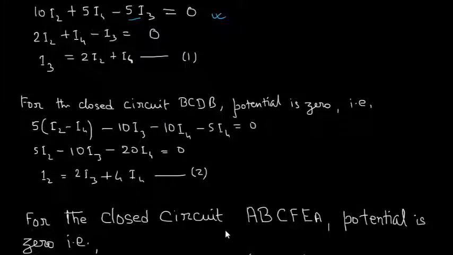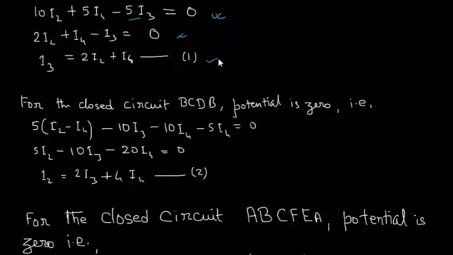Therefore, if we take common 5, the equation becomes 2I2 plus I4 minus I3 is equal to 0. Now we can write I3 is equal to 2I2 plus I4.